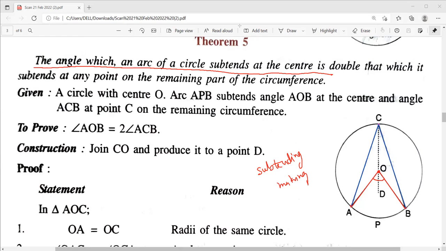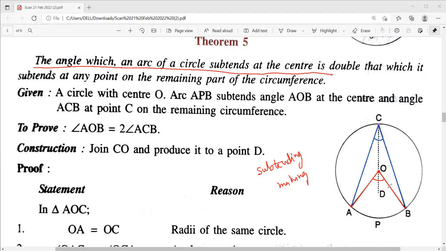What I got is an angle, an angle subtended by the same arc AB at a point C on the remaining part of the circumference. Now, as per this statement, you know what they're saying? They're saying that this angle AOB will be 2 times angle ACB.